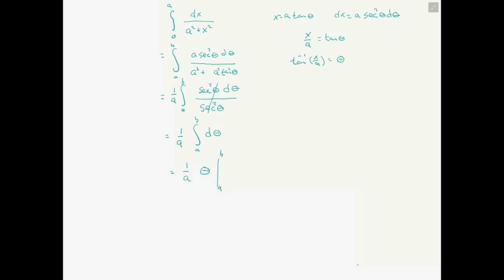So we plug that back in. 1 over a arctan of x over a, and we put our original limits, 0 to a, and that's equal to 1 on a times inverse tangent of 1, a on a, minus arctan of 0.